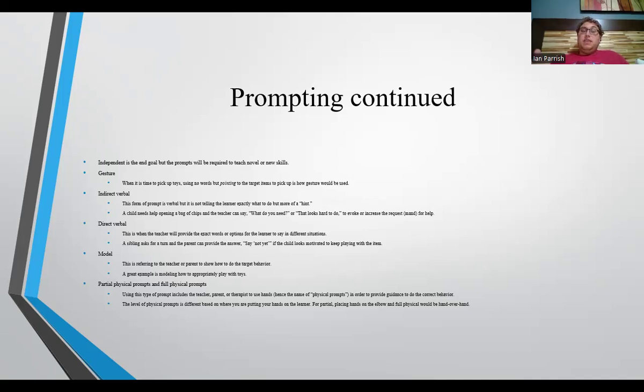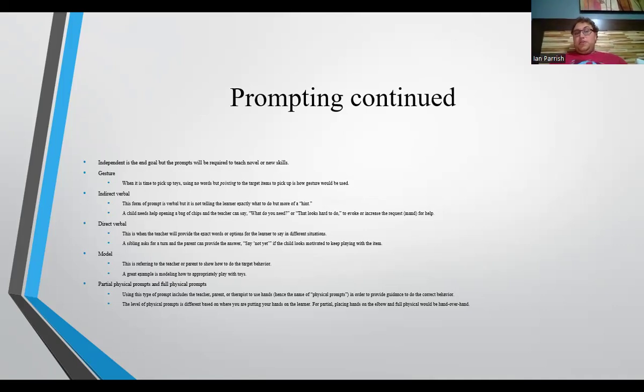It's the hint that they need to say something, to request help. Another form of indirect could be, "That looks hard to do. That looks really tough." If that evokes a response, and evoking is a term I'm using for increasing the chance that they're going to say, "Help, please," then that indirect verbal prompt served as an effective prompt.